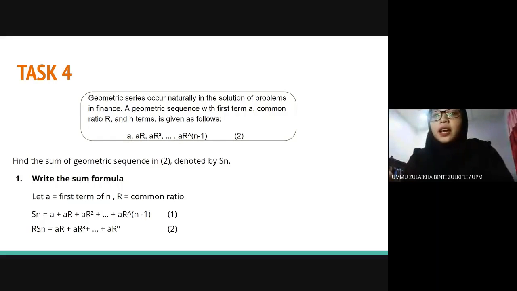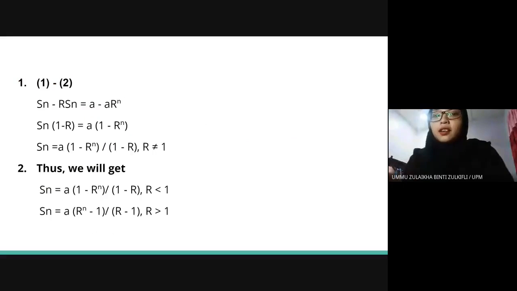The next step is we let equation 1 minus equation 2. So we get Sn minus RSn equal to A minus AR to the power of n. We get this by subtracting everything in the equation, and then we get A minus AR to the power of n.